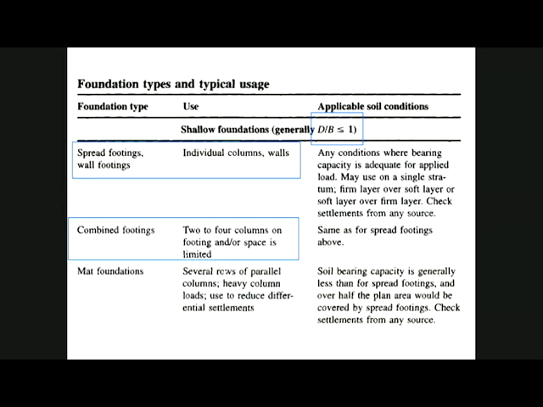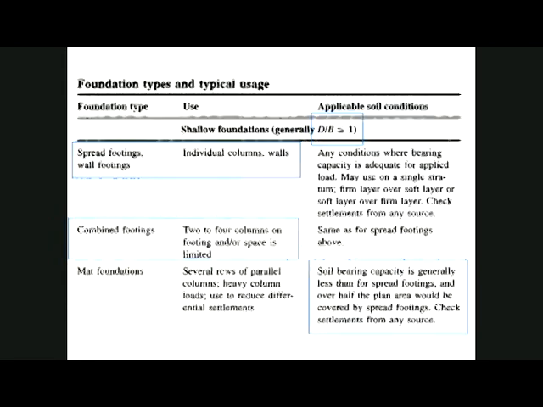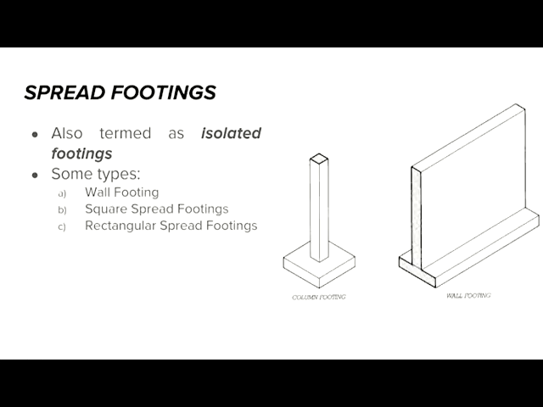Let me show you how spread footings look, since we are going to focus our discussion on spread footings. Spread footings have three basic types. First is the square spread footing, where the cross section is somewhat square.